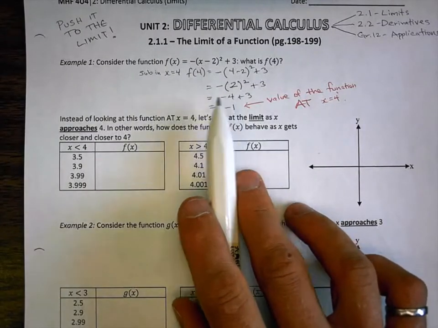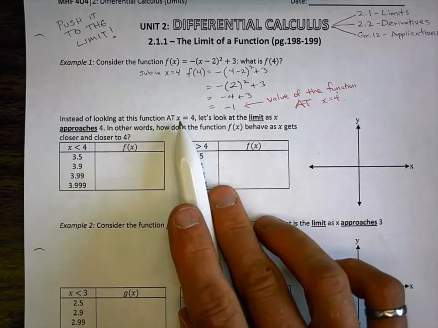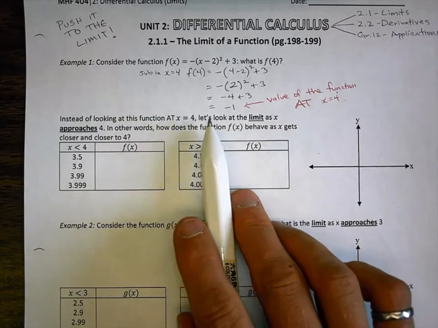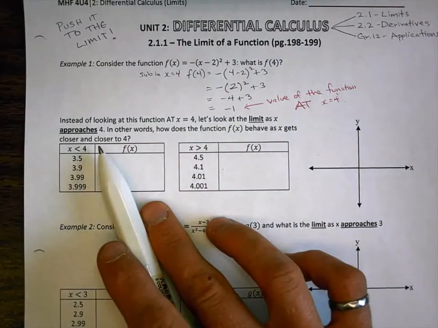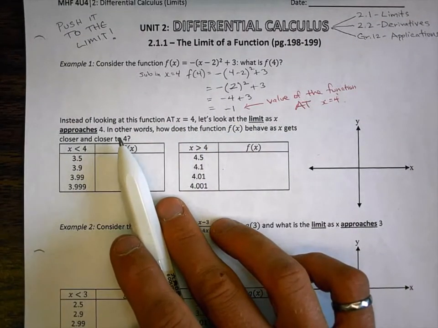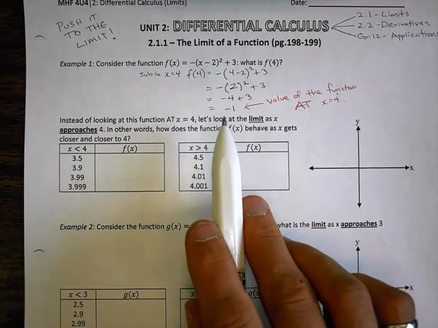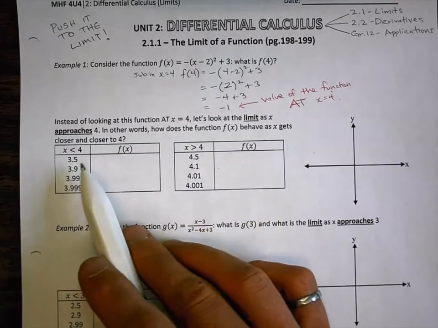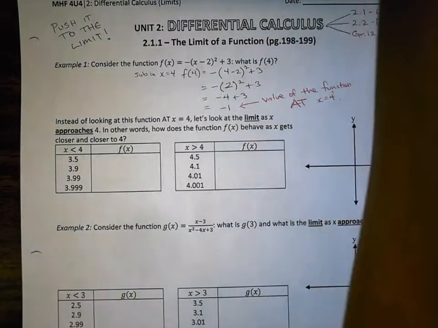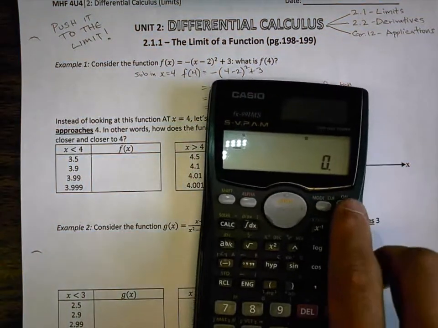Now instead of looking at the function at x equals 4, let's look at the limit as x approaches 4. What happens to the function as we get closer and closer and closer to 4? So let's sub in all these numbers. Now I'm going to get my calculator for this. This is kind of a proof, I'm showing you how this works.